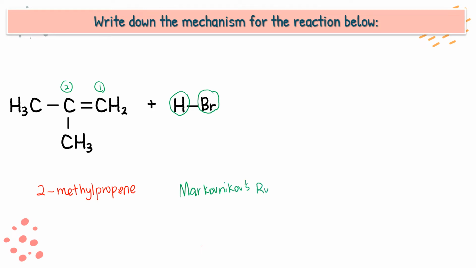When we have hydrogen and bromine, the hydrogen will go to the carbon with more hydrogen atoms. As you can see over here, carbon 1 has more hydrogen atoms. So hydrogen akan pergi kepada carbon 1 and our bromine akan pergi kepada carbon number 2.